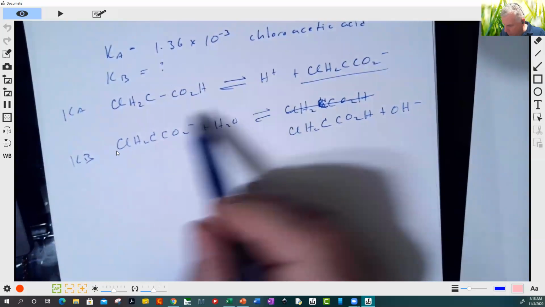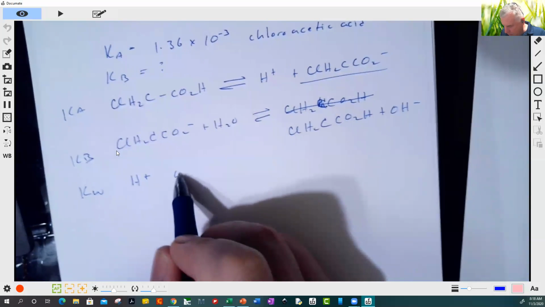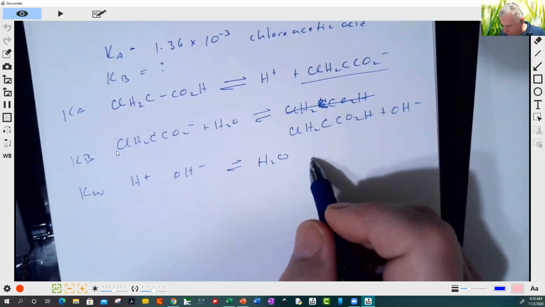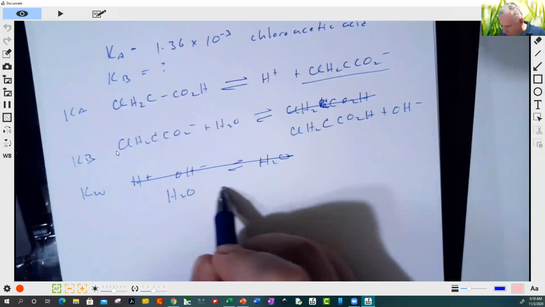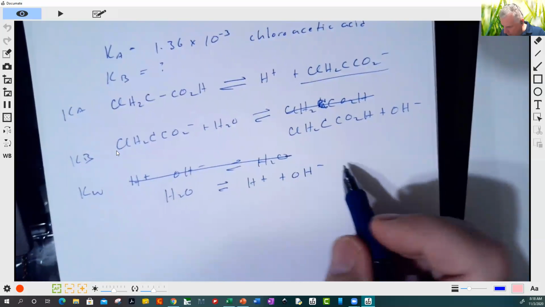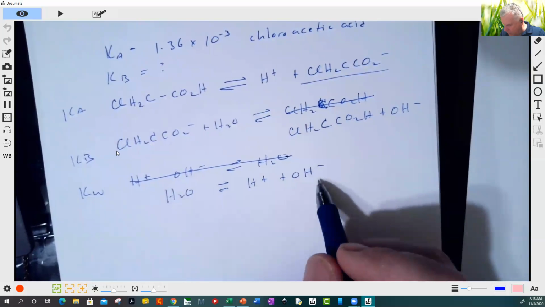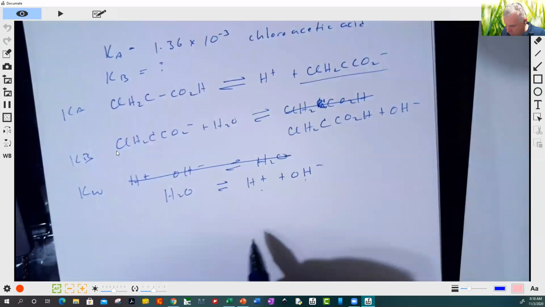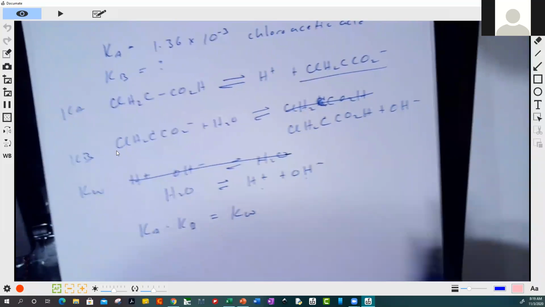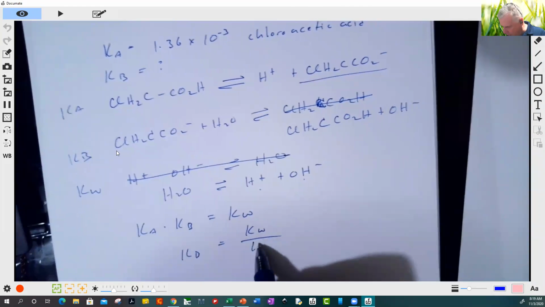And we know that if we multiply these together, we get Kw, which is H2O makes H plus OH minus. And Kw is equal to the product of these ions, right? So Ka times Kb equals Kw. So if we're looking for Kb, that's equal to Kw over Ka.